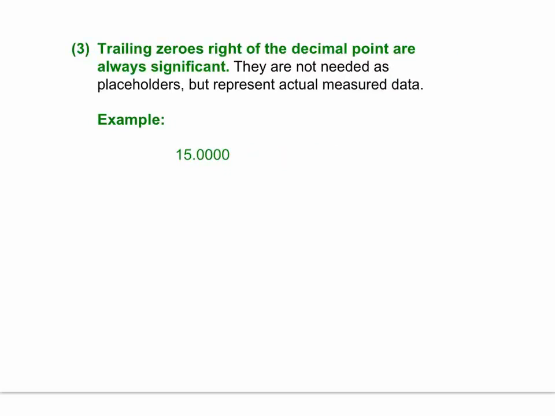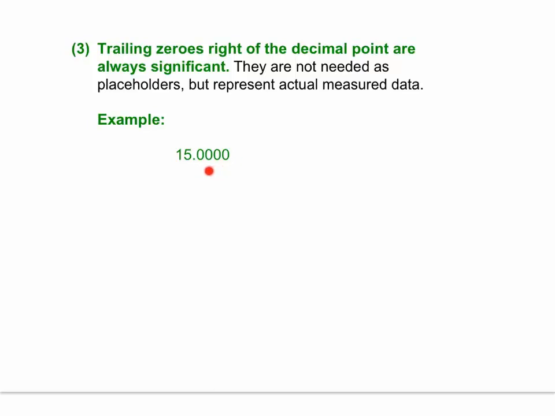Rule number 3, any zero that ends a number to the right of a decimal point is considered to be significant. These zeros are not necessary as placeholders. They are not there to express magnitude, but they are there to actually express measured data. These are measured zeros. If you look at the example below, you have 15.0000. These zeros are not needed to show that this is 15.